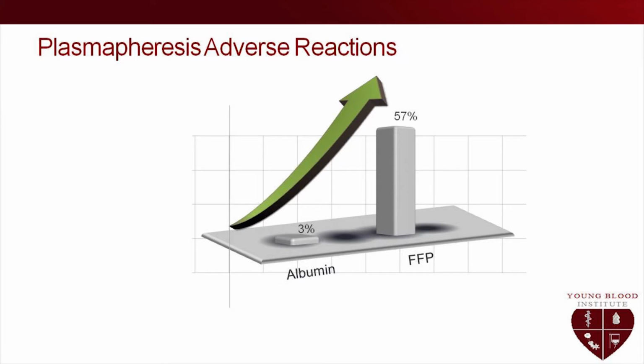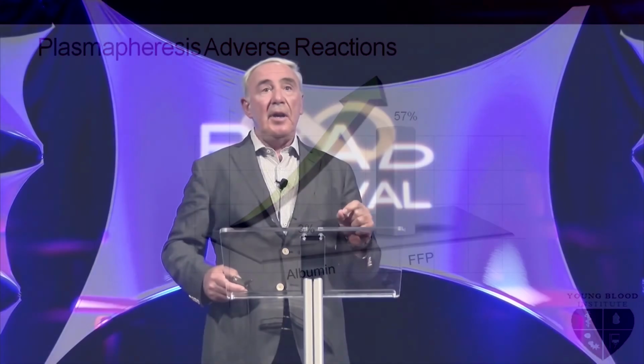And some of these side effects are really bad. You can see anaphylactic shock, you can see all kinds of bad things, even death. The last thing you and I want to do to someone who wants to live longer and healthier, to expose them to a 57% risk of a severe side effect. So in my opinion, this is not a choice.